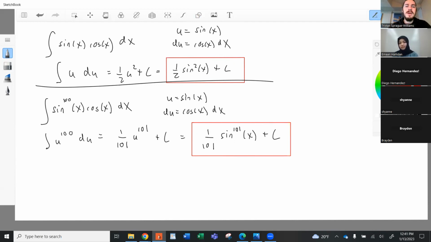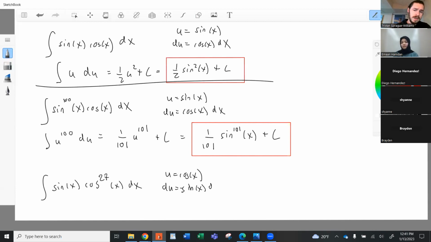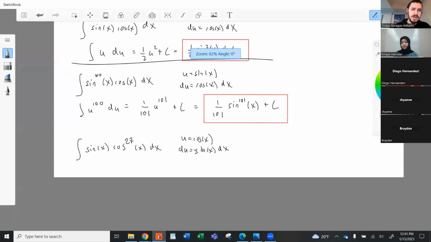And similarly, if you flip this around, if you had just one sine x, and then cosine to the power 27 or whatever, you can use a similar approach, but u equals cosine. du would then be negative sine x dx. And you got a really similar situation here, right?